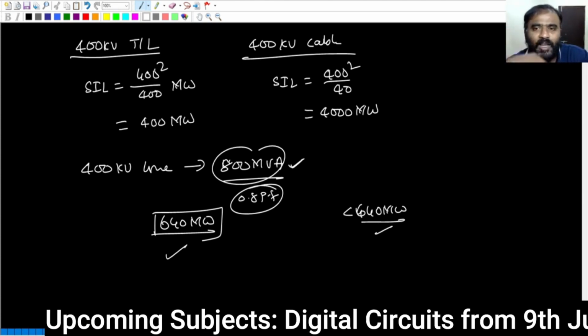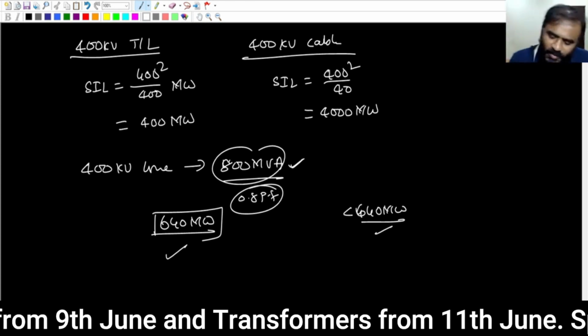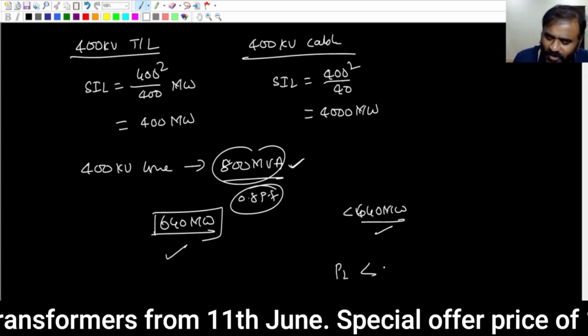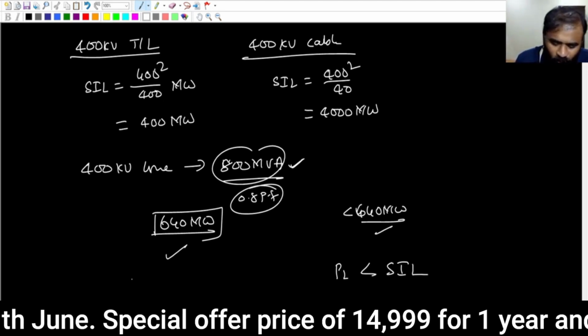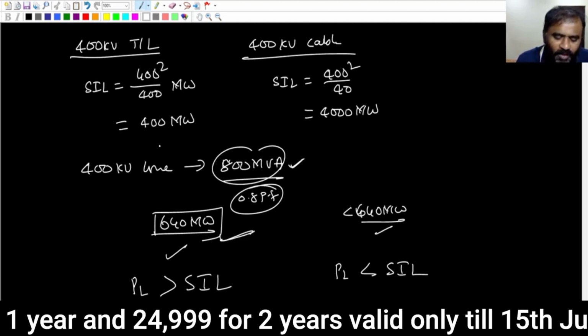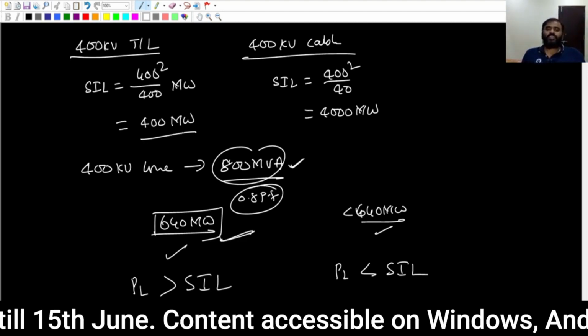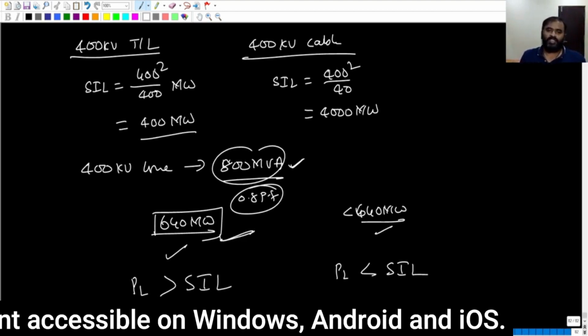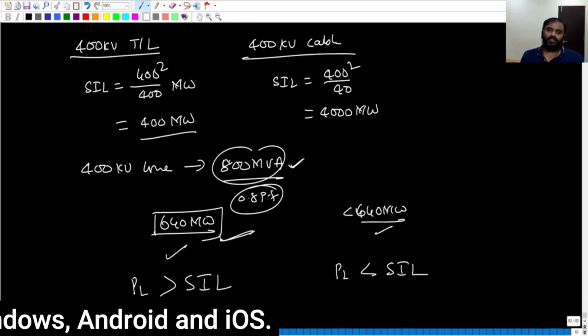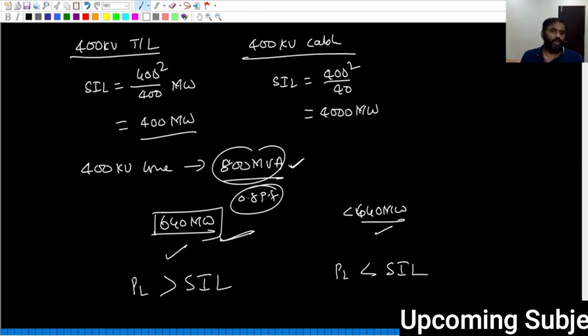The practical and economical loading of underground cable is less than surge impedance loading, whereas for the overhead transmission line, 640 is greater than 400 megawatt, so the loadability is greater than surge impedance loading. You need to accept this.